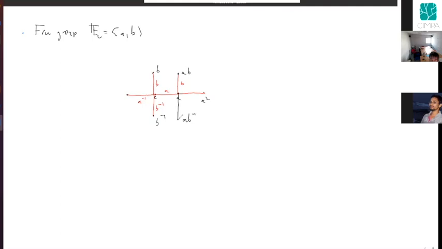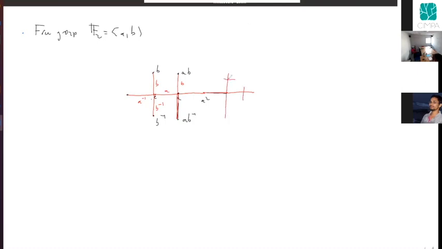Now if I multiply by A back, I'm coming back to the neutral element. So this one I don't add. And then I continue. So then I will get A to the cube, A to the fourth, etc.